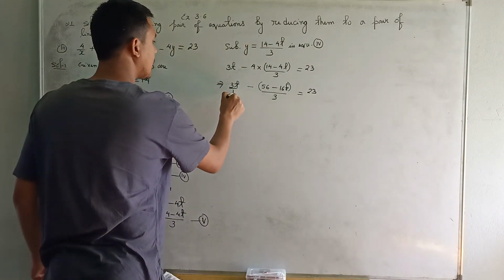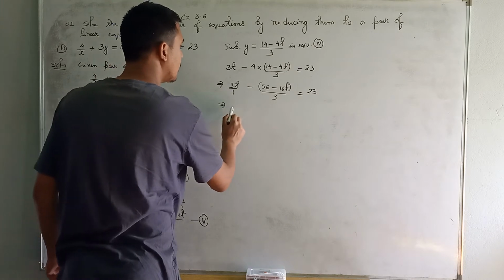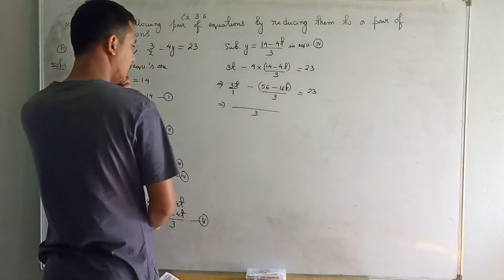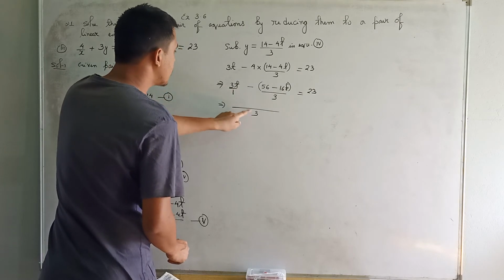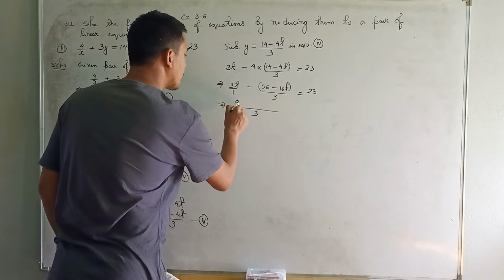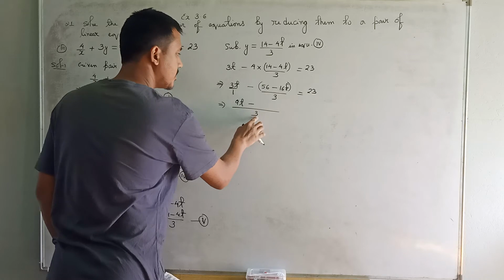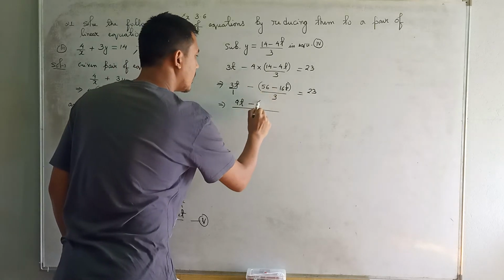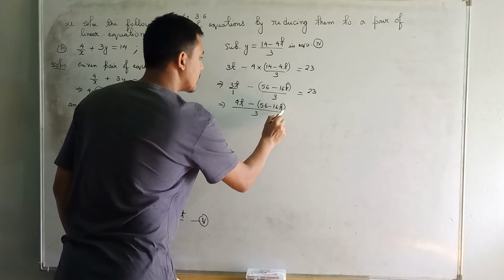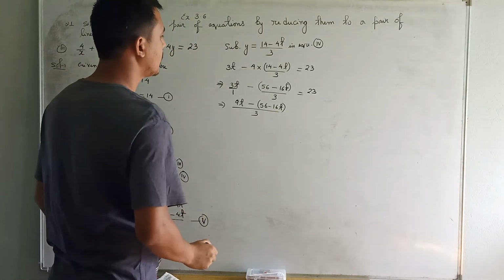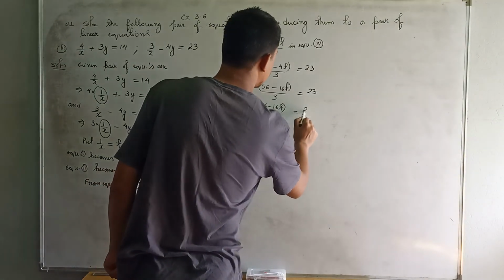Now let's take LCM. What is the LCM here? 3. Here the denominator is 1. So 3 times 3t will be 90. Here 3 cancels out. So we have 56 minus 16, is equal to 23.